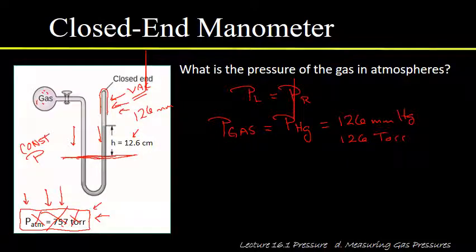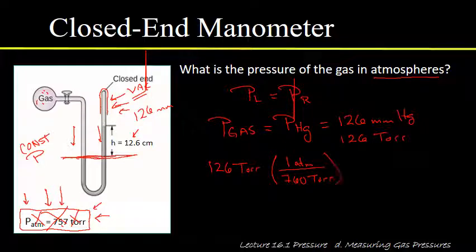All right. The other thing is, this problem asked us to give the pressure in atmospheres, so this gives us a chance to practice our conversions from the previous section and to remind ourselves that if we're converting between torr and atmospheres, there are 760 torr in 1 atmosphere.